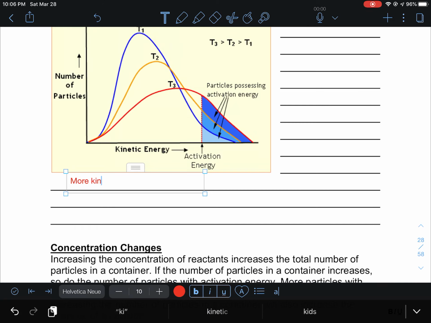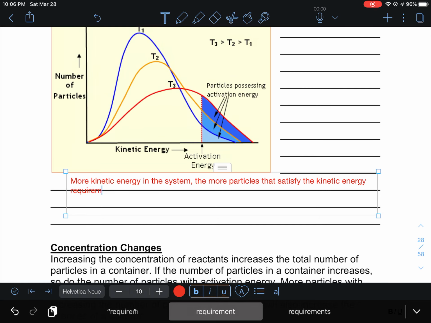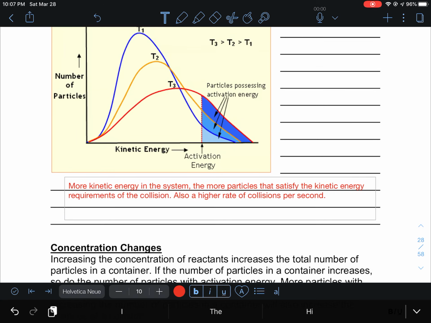More kinetic energy in the system, the more particles that satisfy the kinetic energy requirements of the collision. Also, a higher rate of collisions per second. Probably per like speed of light almost.